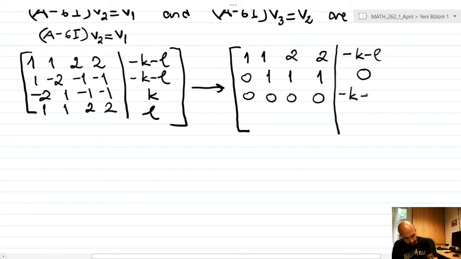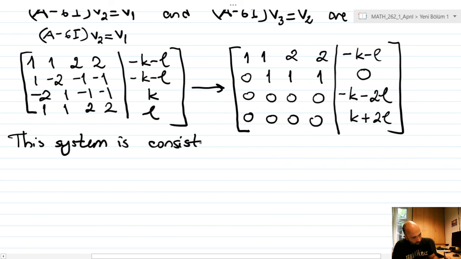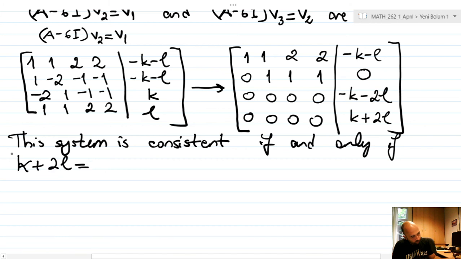What you get here is minus k minus 2l, and what you get in the last row is k plus 2l. Okay. Now, this system is consistent if and only if k plus 2l is equal to 0.